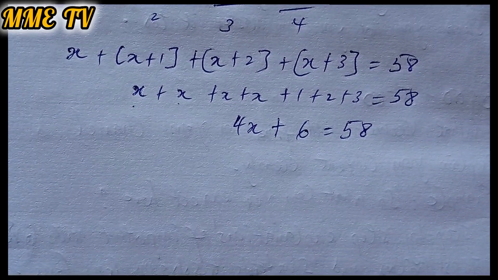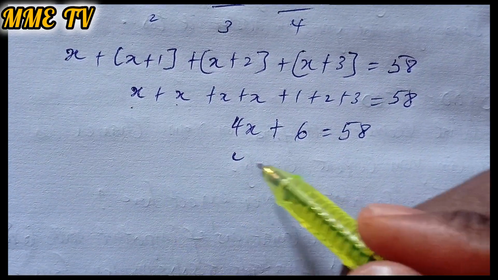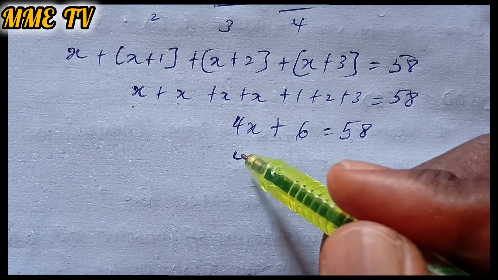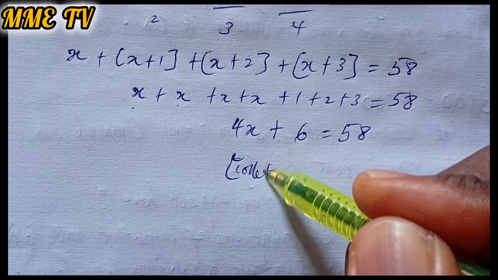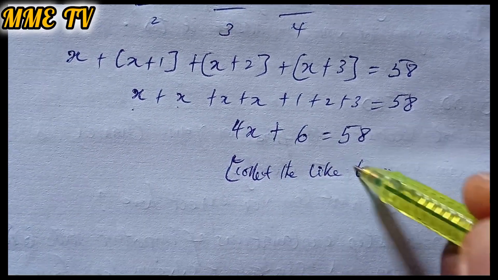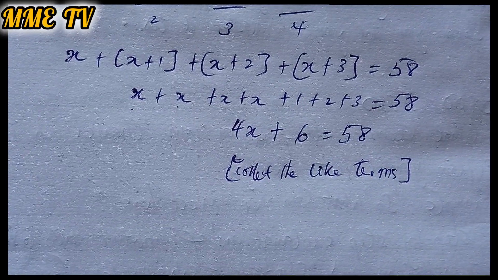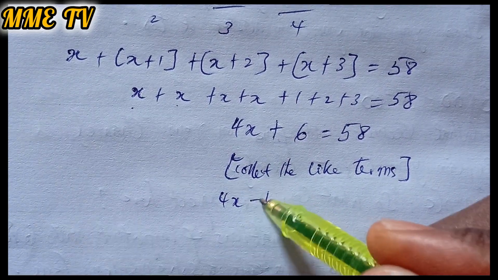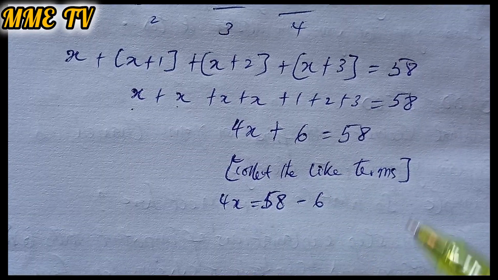Then what I will do now is, instead of just writing it or splitting it, I will say we are going to collect the like terms, that is the ones that look like each other, by saying 4x is equal to 58 minus 6.